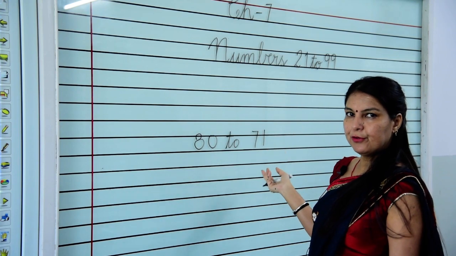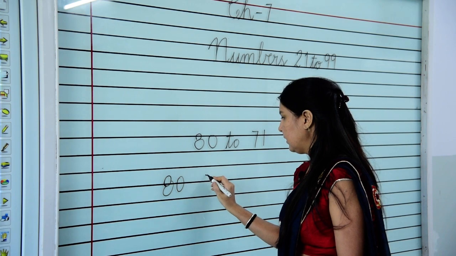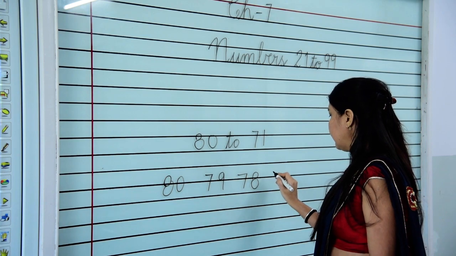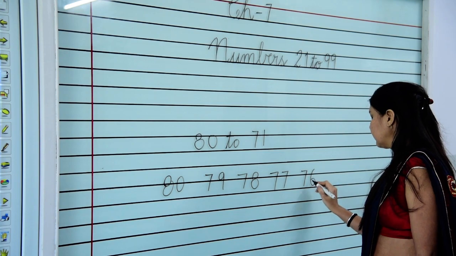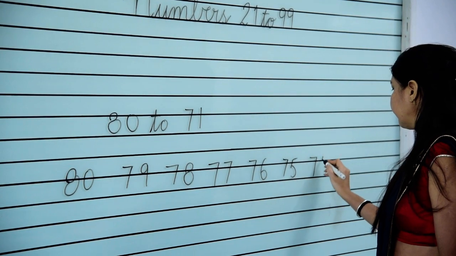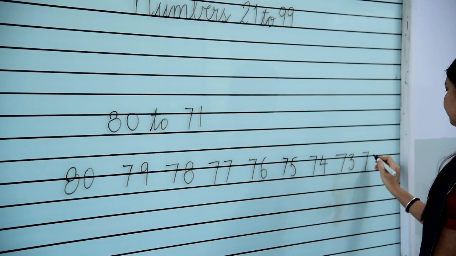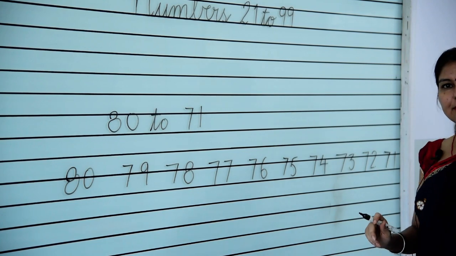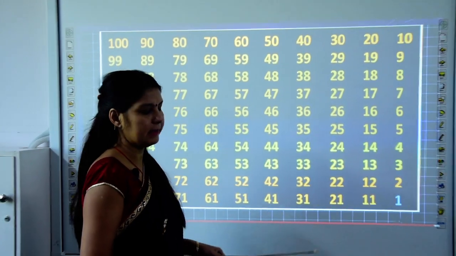So we have to write the before number of 80. 80, 79, 78, 77, 76, 75, 74, 73, 72 and the last number will be 71. Clear everyone? This is backward counting and you can write the other numbers also like that.